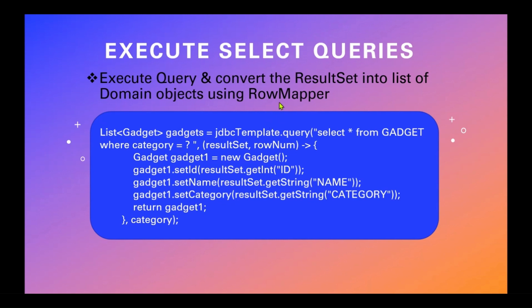So we use the same row mapper, but the only difference is that instead of queryForObject, we have to use the query method. queryForObject always returns a single result, so with query, it can return a list of objects. So you have to pass the same select query and everything remains the same as previous: the select query, then the row mapper, and then the placeholders.